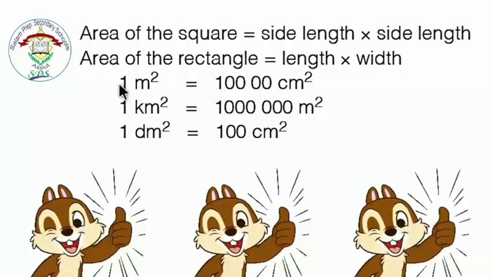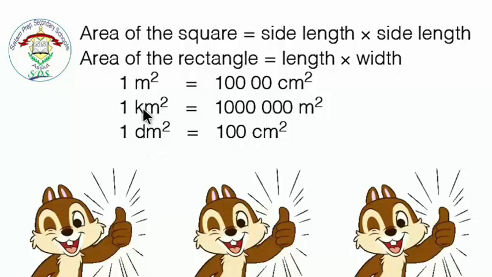We know before that 1 square meter equals 10,000 square centimeter. 1 meter equals 100 centimeter, so 1 square meter equals 10,000 square centimeter. There are double zeros: 2 become 4.